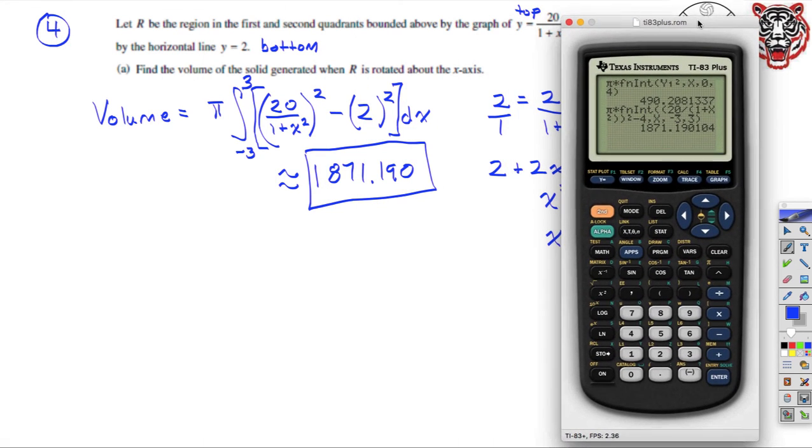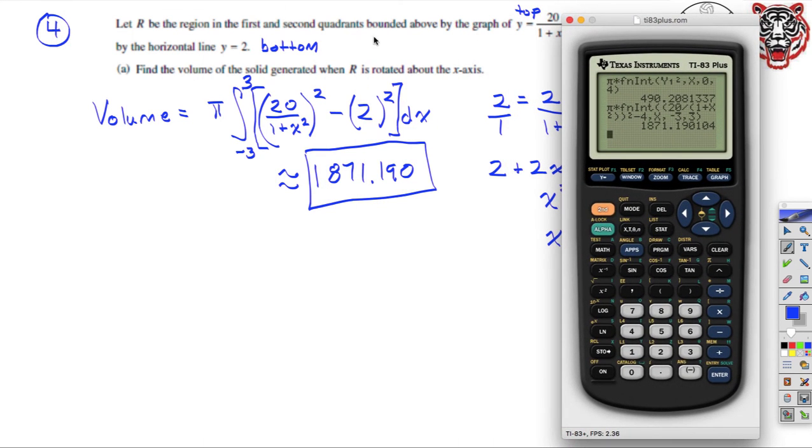Do we need units? If it gave us units in the question, then yes. It didn't, so you can just leave this as a number. If you want to be really specific because you like being extra correct, you can say units cubed, because you know it's volume.